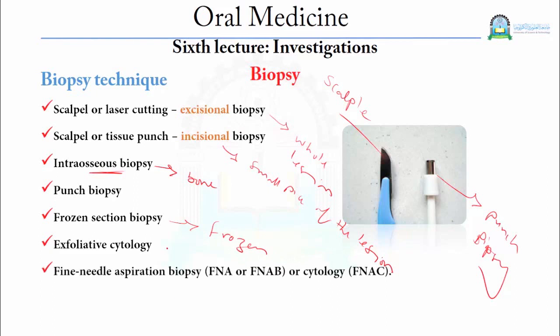Exfoliative cytology: we take a sample from the cells overlying the tumor or the lesion. Fine needle aspiration: we take a secretion or any other type of tissue from the lesion by fine needle, or there is fine needle cytology.